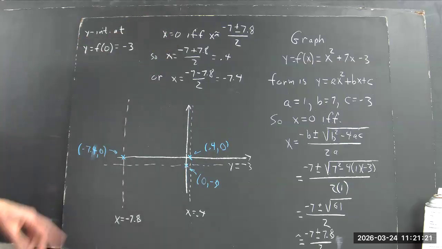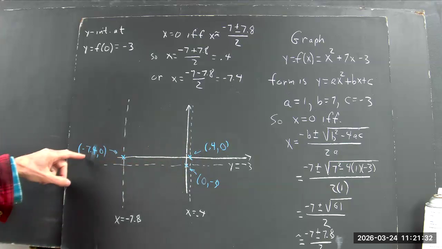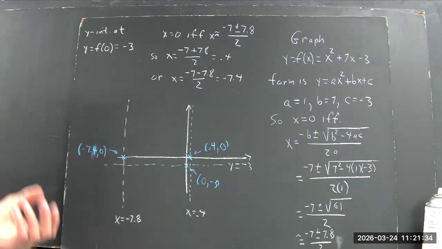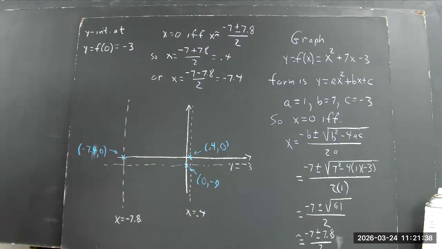I used 7.8 that I had before. Okay, does that make halfway decent sense? Well, what's halfway between 0.4 and negative 7.4? Well, we add 0.4 to negative 7.4, and divide by 2, and we get negative 3.5.